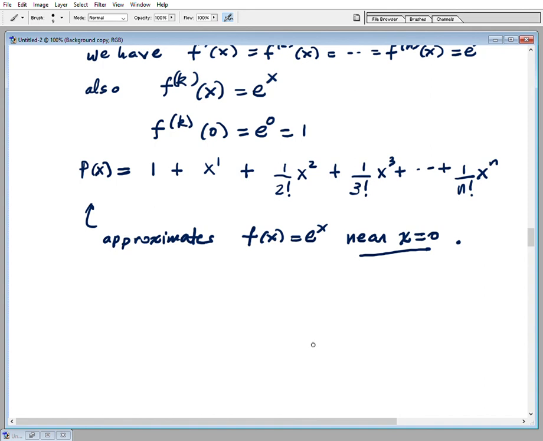I didn't keep it open, so I'm going to have to go grab it from my file. It's just a little diagram of graphs of e to the x compared to graphs of the polynomial. Let me go get it.